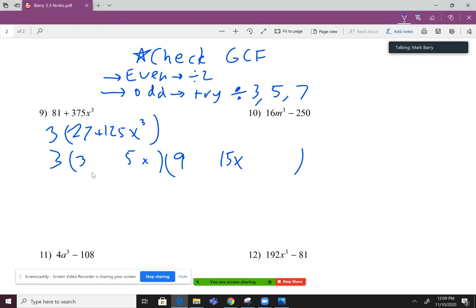And then 5x times 5x is 25x squared. All right, this one was a plus originally, so I'm going to do same, opposite, always positive.